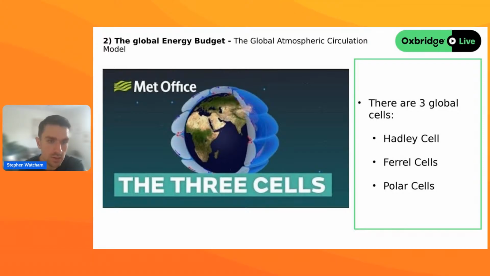Your Ferrel cells form next towards the poles, and your polar cells form at the poles of the planet. Okay, and these are our 3 global convection cells that determine our weather. So you need to know those 3 cells. You need to know how they form, where they are, and what influence they are having on our weather.